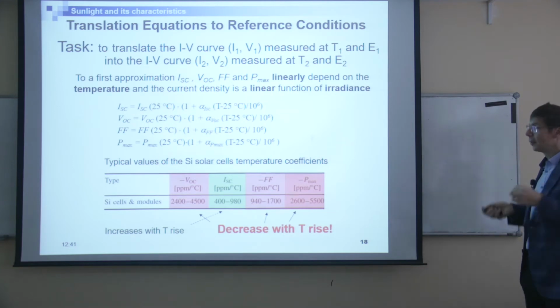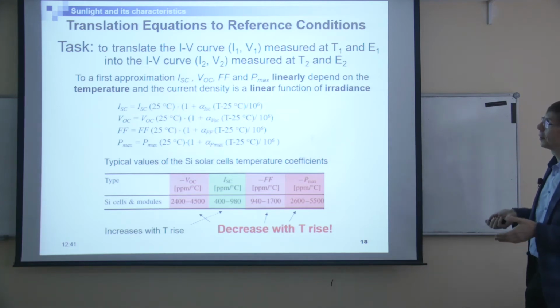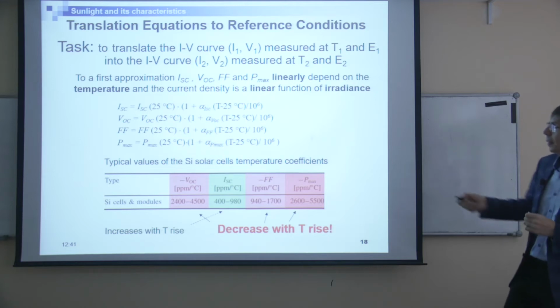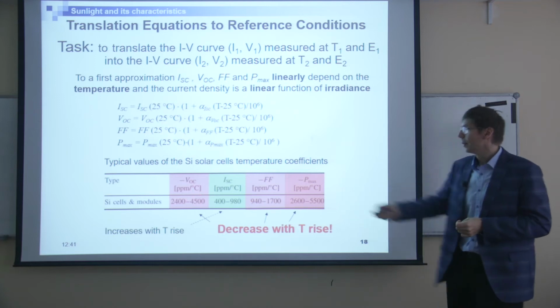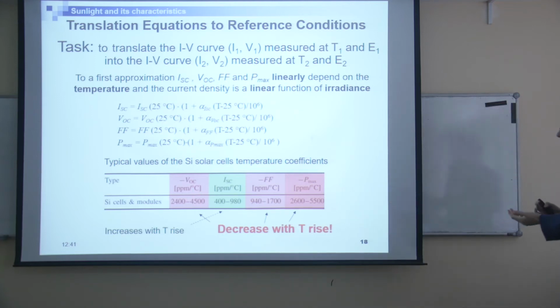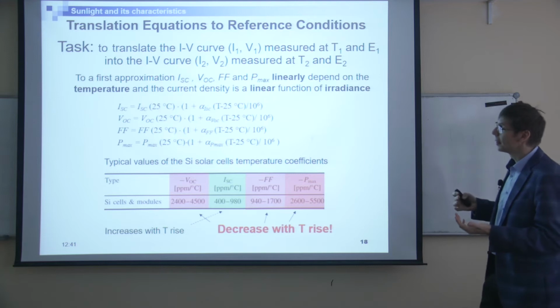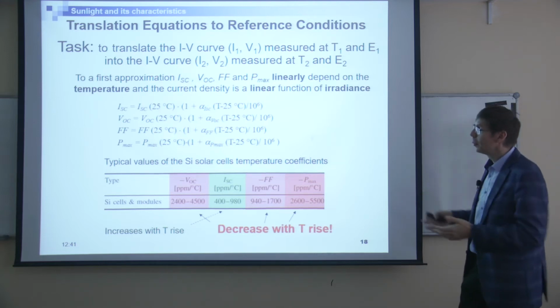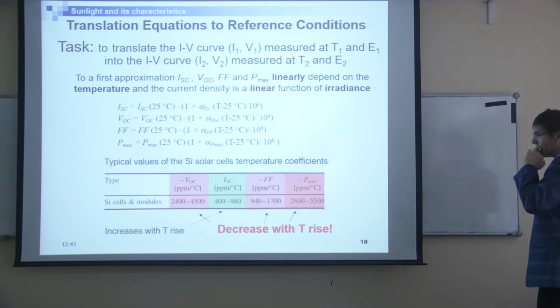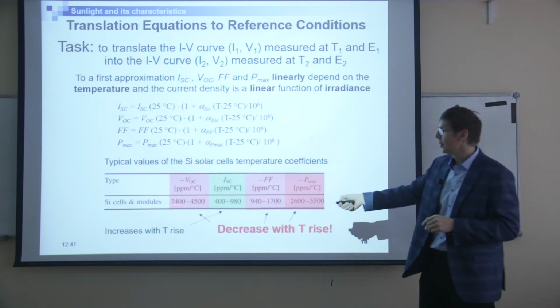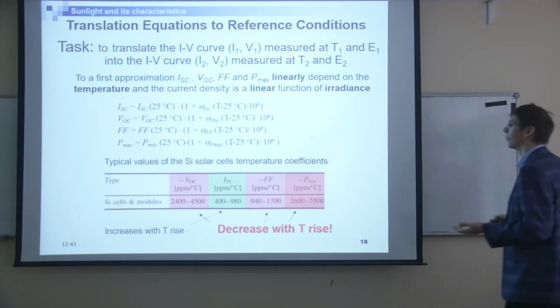So if you have the typical values of this coefficient for the silicon solar cell, you can see that for the VOC value, this coefficient is negative, so it means that the VOC decreases with the temperature increase. And this decrease is quite significant.